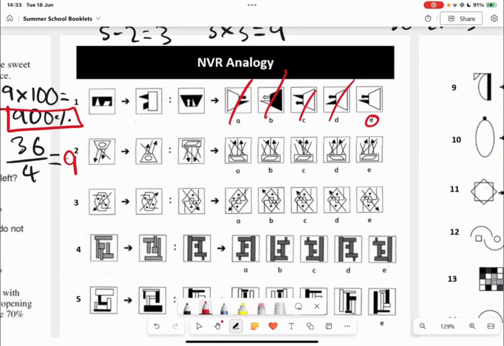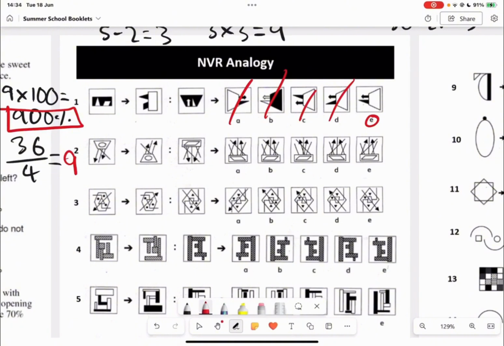cannot be A because the parallelogram is facing in the incorrect direction. Because it's been reflected, the parallelogram should not be facing that way. And it should, well, no, it's not been reflected, but it should have the same orientation.